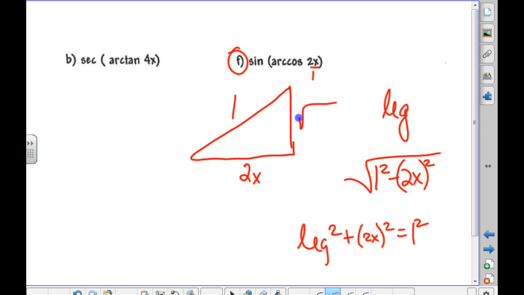A tiny bit. 1 squared is 1, but you can't square root it. This is 2x times 2x, so it's 4x squared. Now it wants the sine of this triangle. What is the sine? Opposite over hypotenuse.